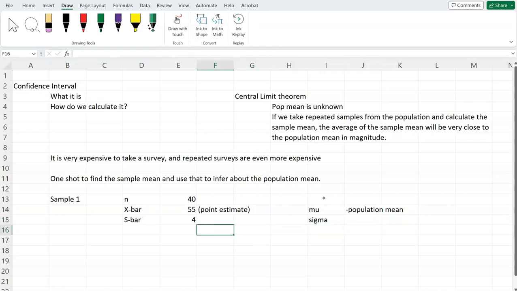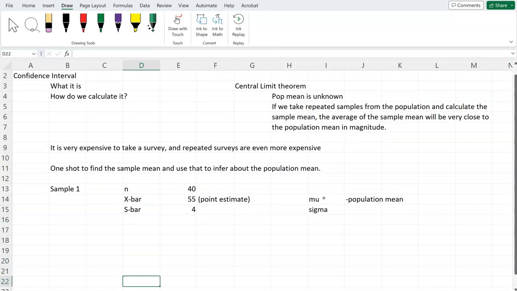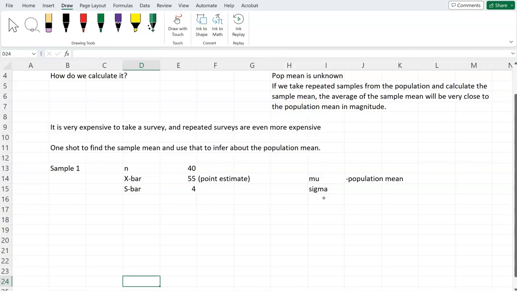Since this is just a point estimate, 55 is a number, and I'm saying this is the x bar. Now I have to figure out what the population mean is. The chance that x bar equals mu, the population mean, is very, very low.